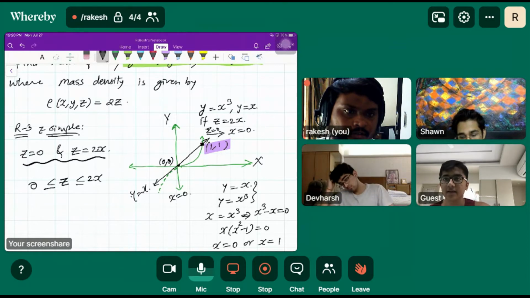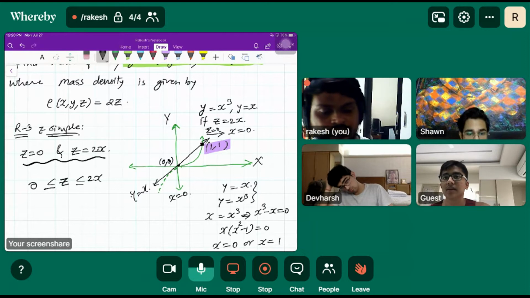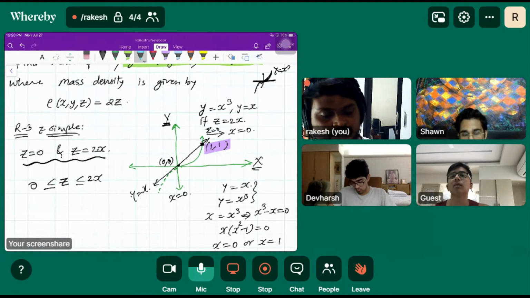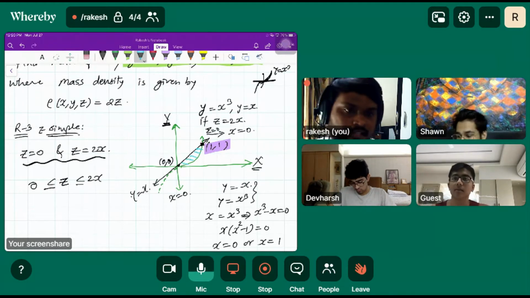I should have drawn it facing us, right? Because that is the y-axis. No, this is x, this is y. I have drawn y is equal to x cube. Y is equal to x cube is this function. Okay. So our region is between these two graphs.